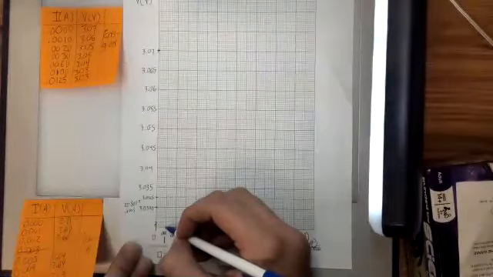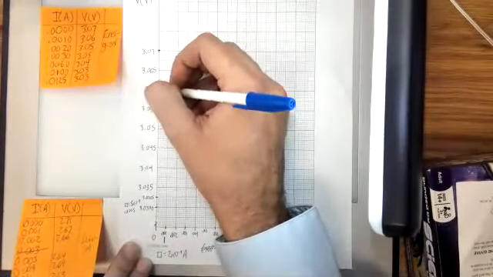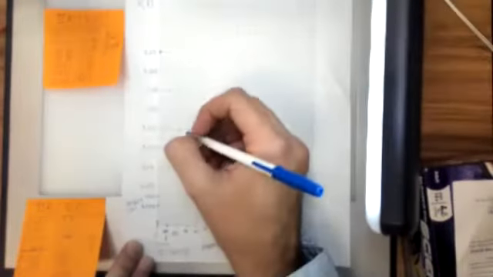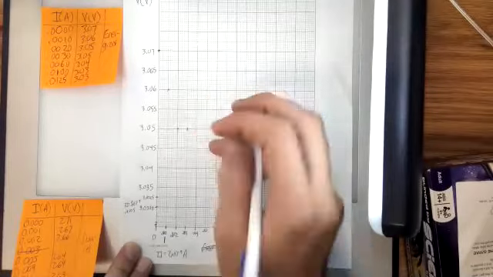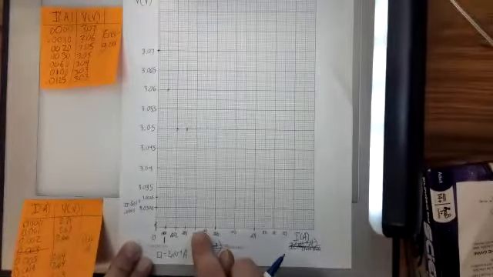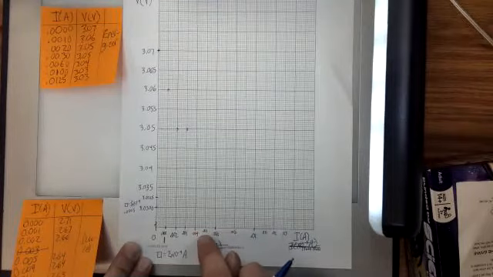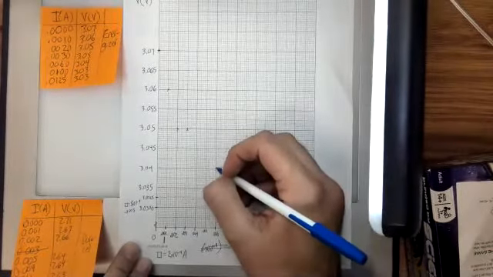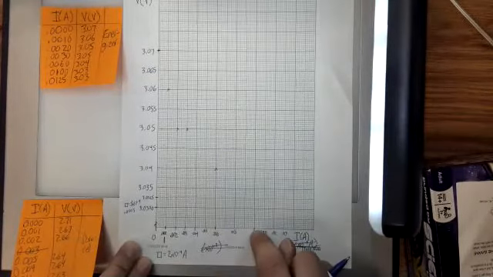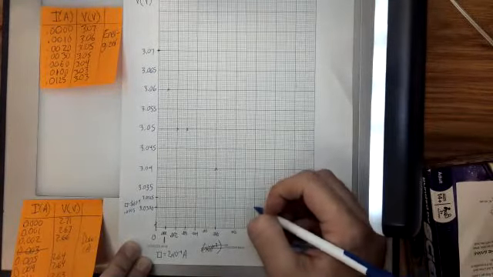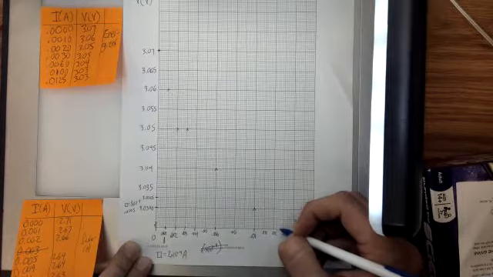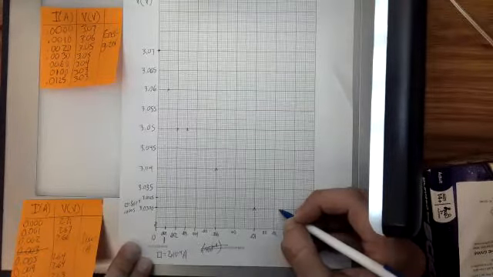Now I'm plotting 0.001, and it's 3.06, so it's exactly there. 0.002 was 3.05, so it's here. 0.003 was also 3.05, so it's there. 0.006 was 3.04, so it dropped down to here. 0.01, we had 3.03, and 0.125 would be right here, and it's also 2.3.